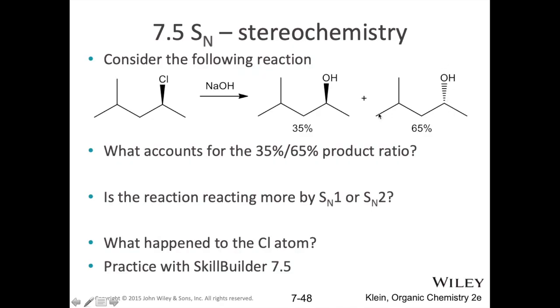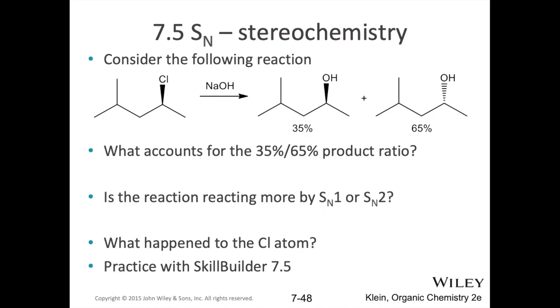However, notice that it's a 35-65 ratio. It's not 0 to 100%. So that should give away whether or not it's SN1 or SN2. If it was SN2, your inversion product is greatly favored, right? So that's what you're going to notice.